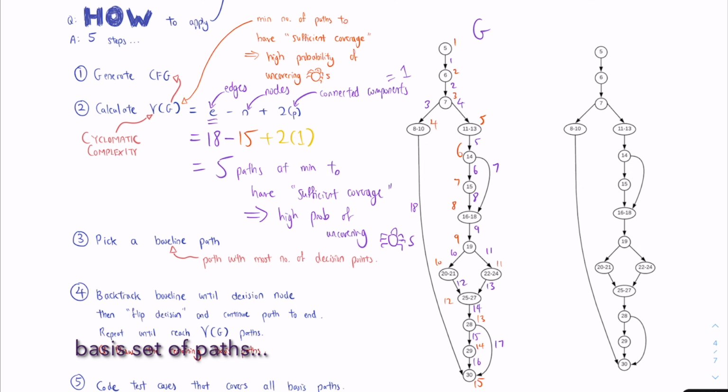First, you pick a baseline path. This baseline path is basically any path that goes through the most number of decision points.